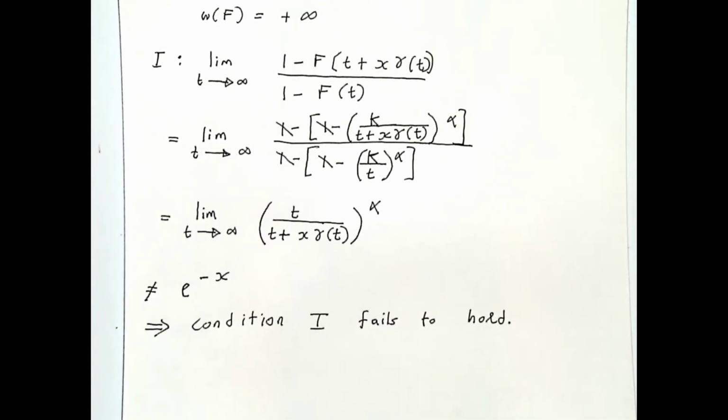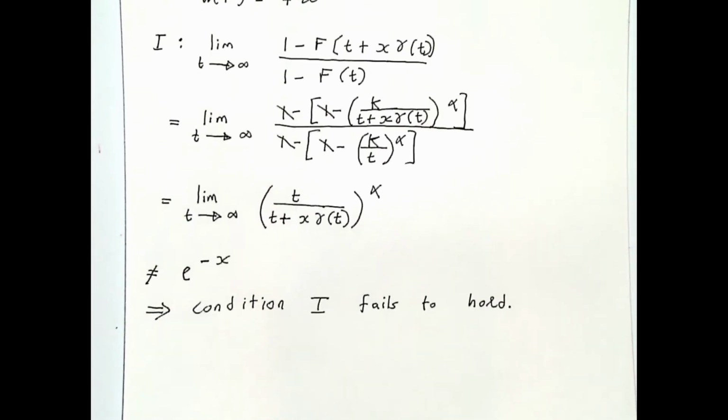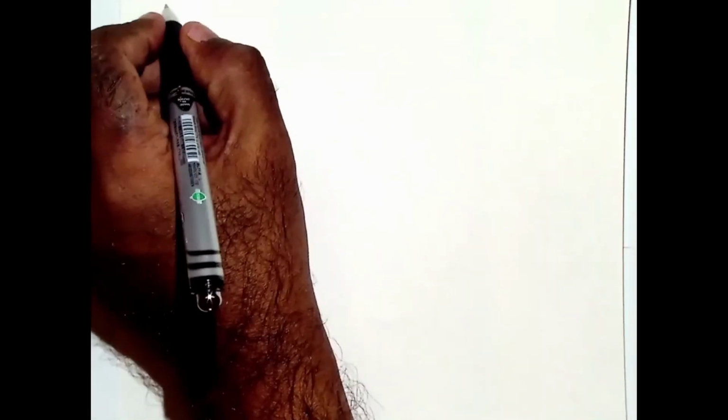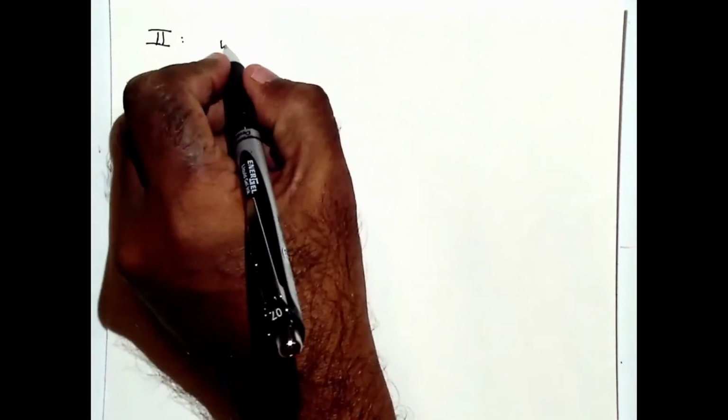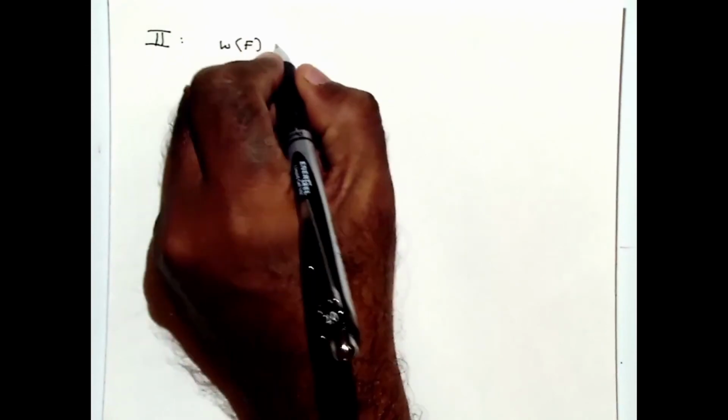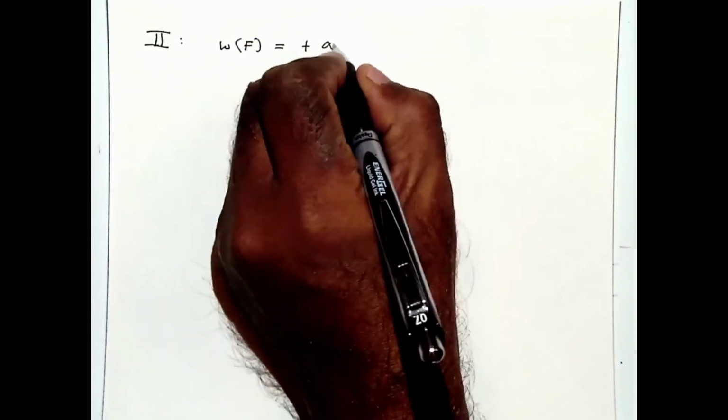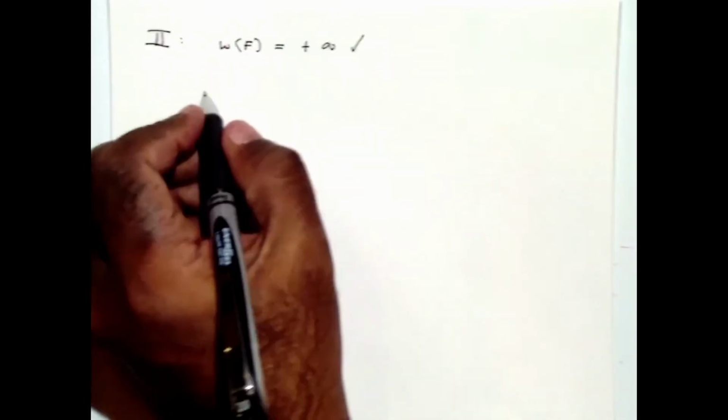Okay. Now let's check condition 2 now. All right, let me start on a new page. So to check condition 2, first we must make sure that W of f is infinity, which is the case in this example. So this condition is satisfied.